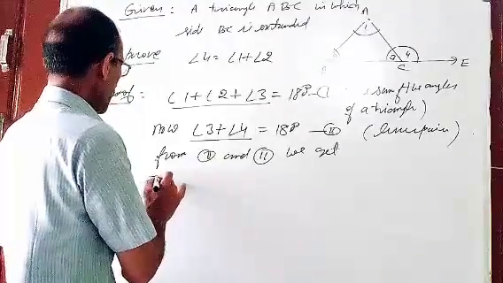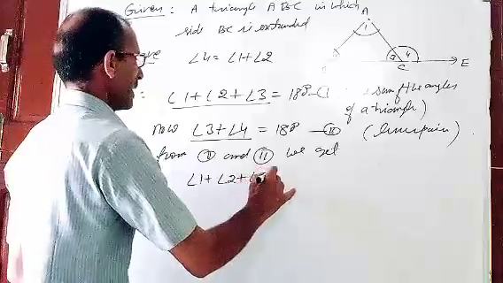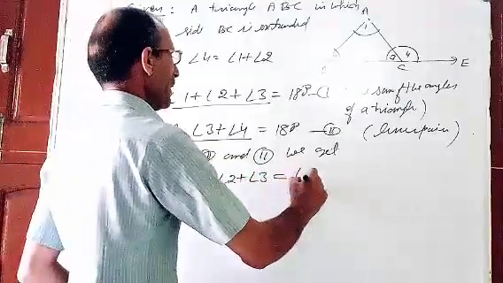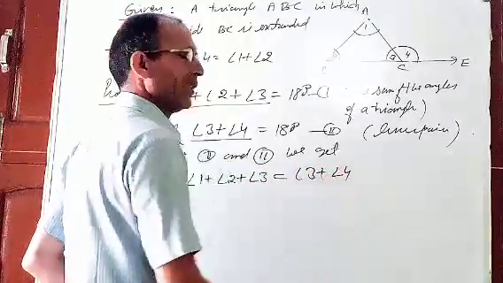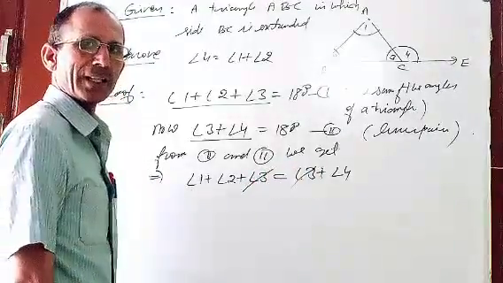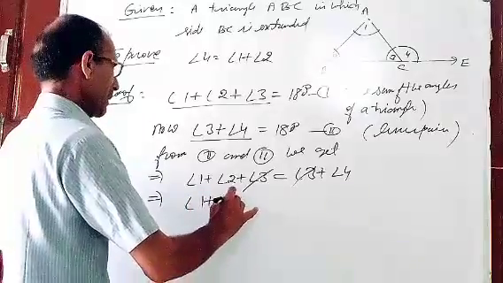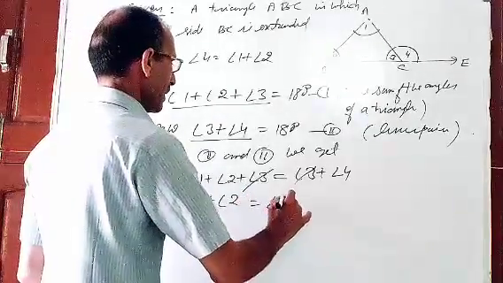So from 1 and 2, angle 1 plus angle 2 plus angle 3 is equal to angle 3 plus angle 4. Angle 3 cancels angle 3. So angle 1 plus angle 2 is equal to angle 4.